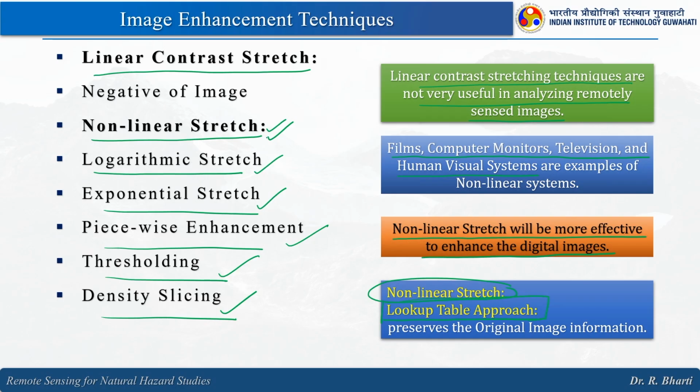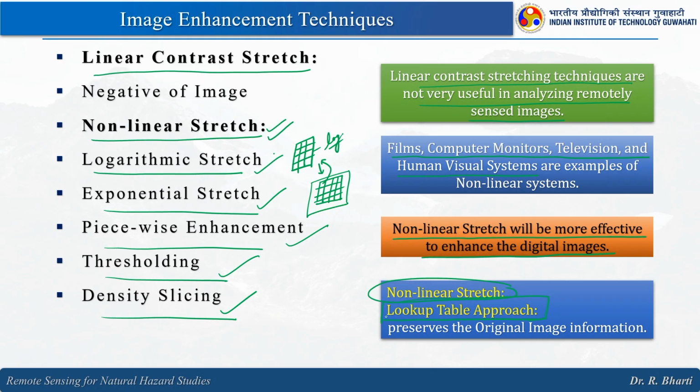So, what happens when you take a particular image and just apply the logarithmic stretch? You will have the output. Once you get the output, you will not have any record of the previous data. This is the only output you will have, right.